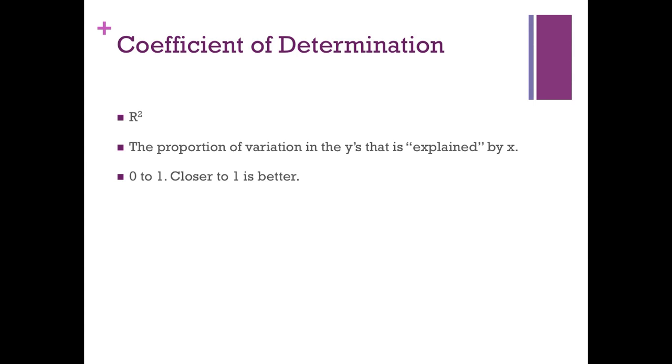And R squared gives you the percentage of variation in the Y's that is explained by X. So if R squared is 0.86, that means 86% of the variation in the Y values can be explained by X, meaning the closer to 1, the better, because the higher percentage of the variation that can be attributed to that relationship, that means that relationship is pretty strong.